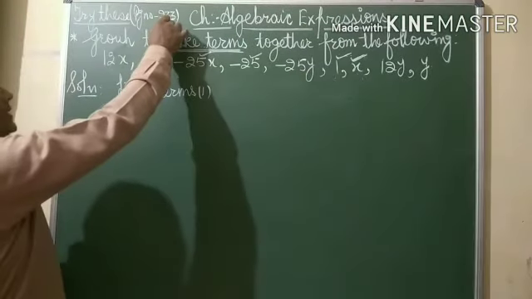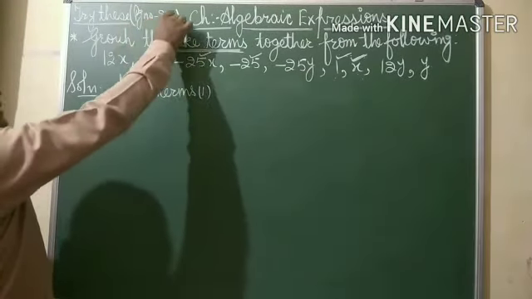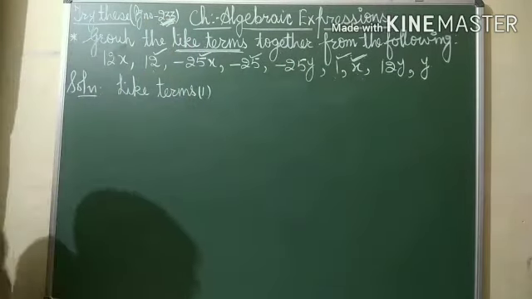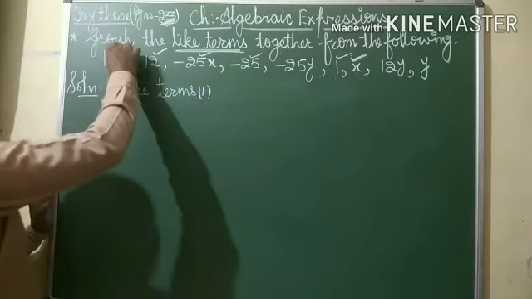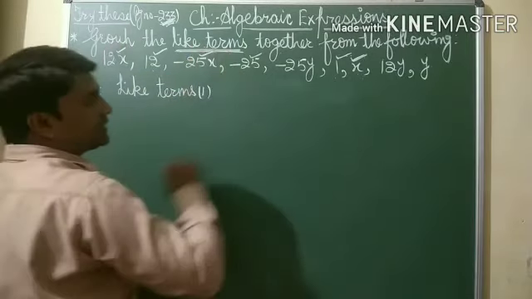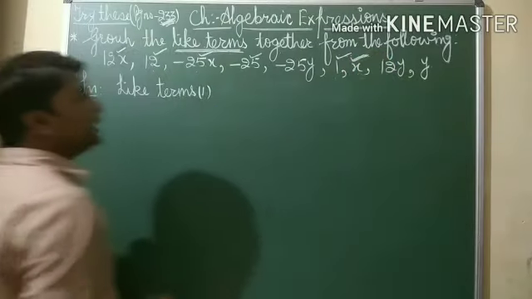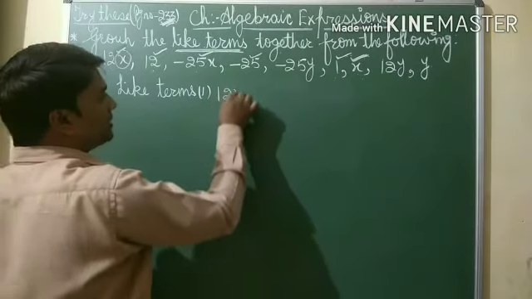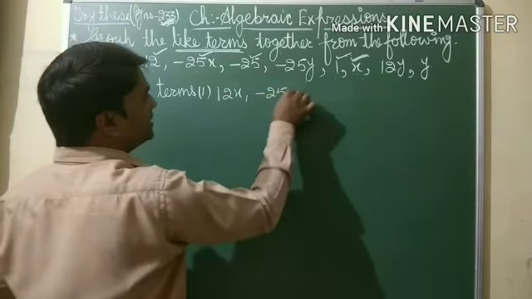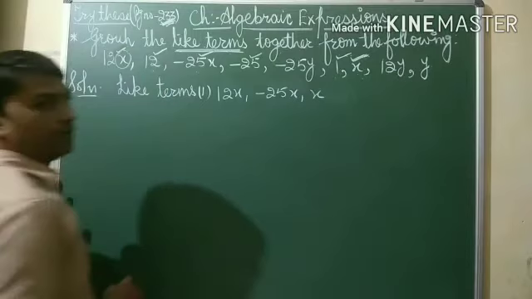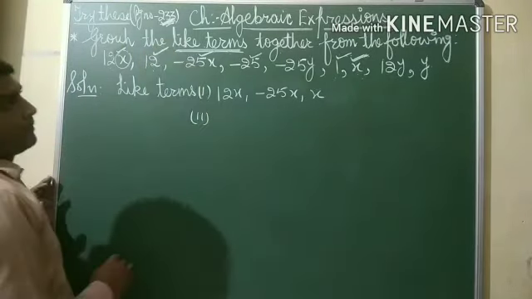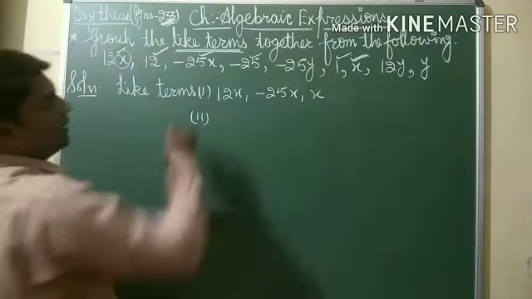Next is Try These, page number 233. Group the like terms together from the following. Since 12x, minus 25x and x have the same algebraic factor x, therefore 12x, minus 25x and x are the first group of like terms. Next, 12, minus 25 and 1 are the constant terms.